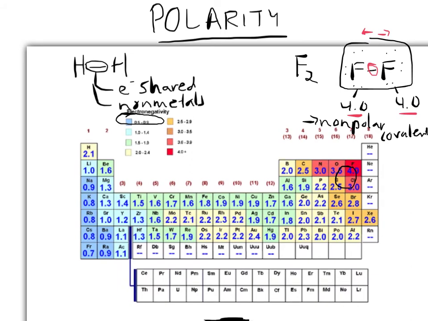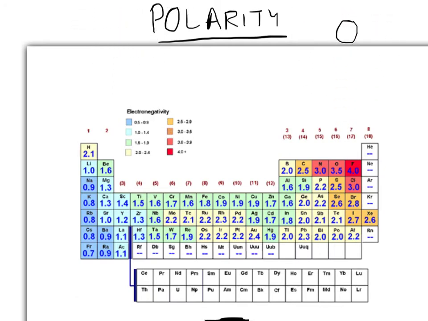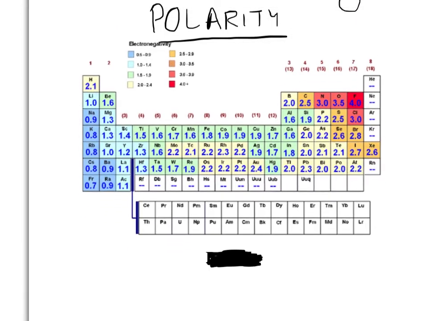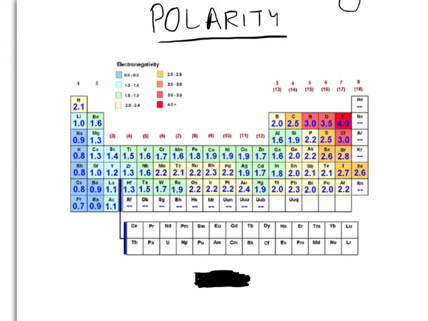Well, if we move this up, okay. Let's talk about another example. Let's talk about sodium fluoride, NaF. You could draw a Lewis structure for NaF, showing them bonded together like so.